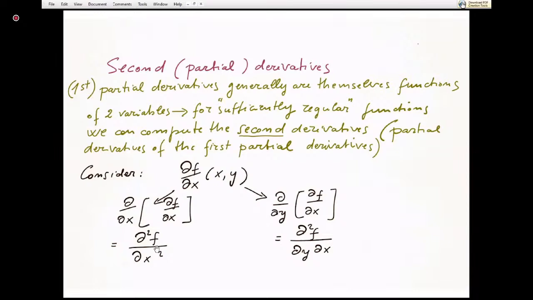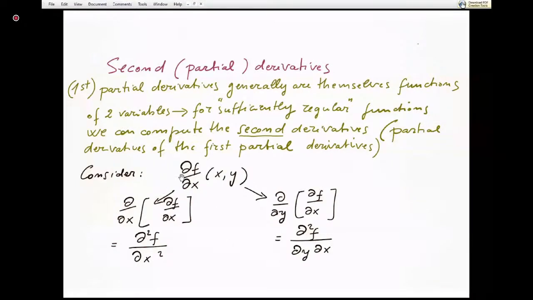So d squared, it's not a square, just twice. D squared f by dx squared. This is the second partial derivative with respect to x, or computed twice with respect to x. It is also called the pure second derivative with respect to x, because I compute the derivative with respect to x at the first stage and also the second stage.